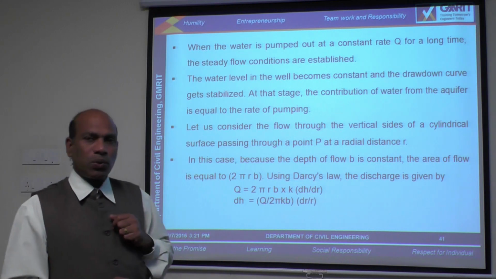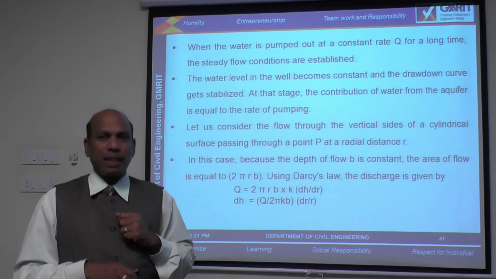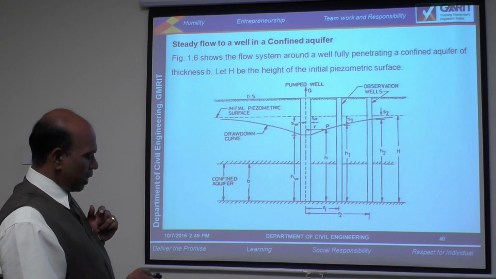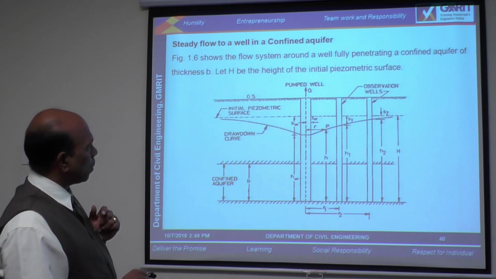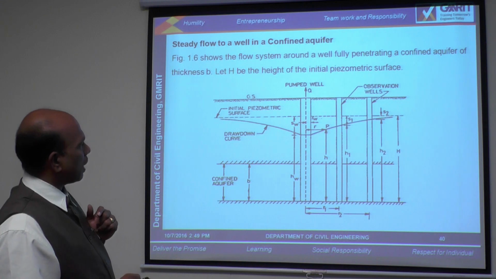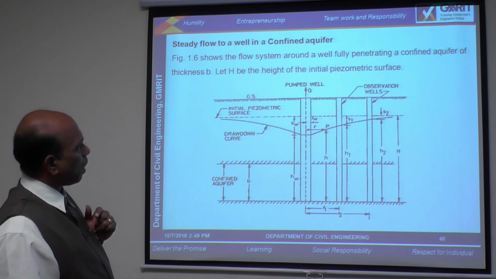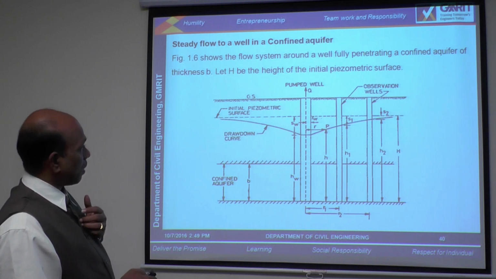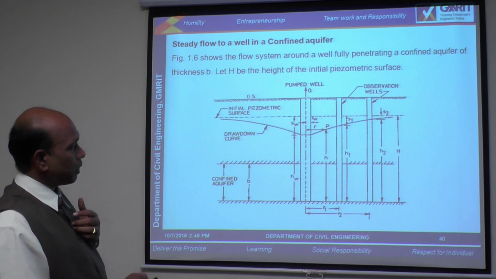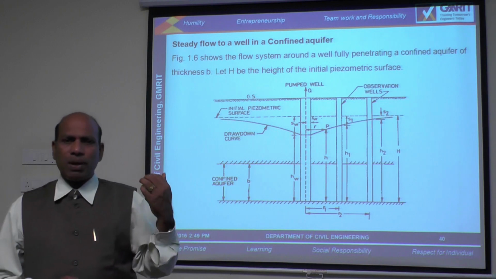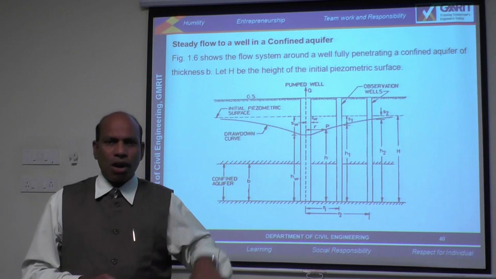Then we take integration on both sides, with limits as in the earlier case: r equal to r1, that means from this point to this point, at that condition H is equal to H1, and r equal to r2, from the main well to the point P, with H equal to H2. Whatever limits we used in the unconfined aquifer, the same limits are used here also.